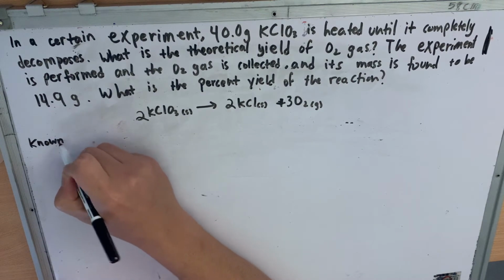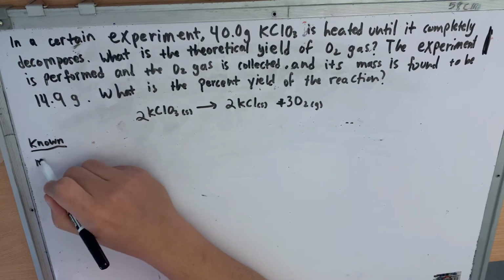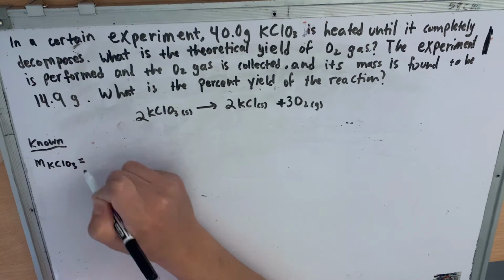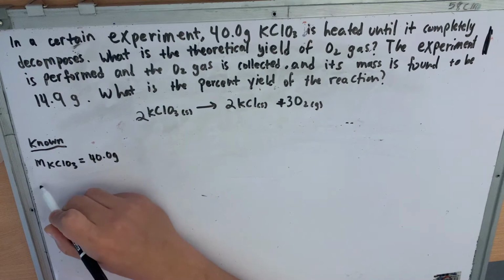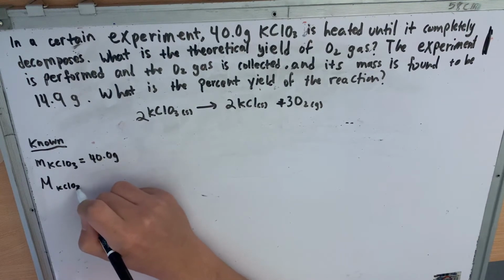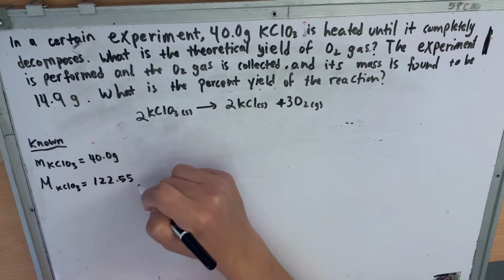We have the given mass of potassium chlorate, which is 40 grams. We have the molar mass of potassium chlorate, which is 122.55 grams per mole.